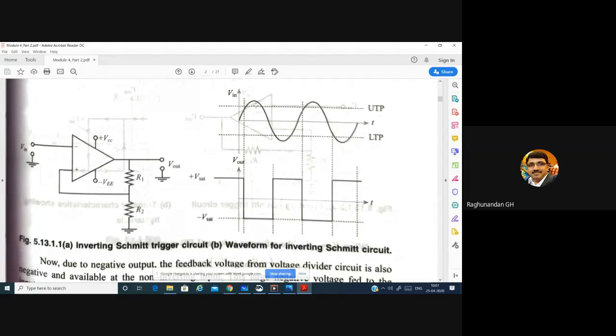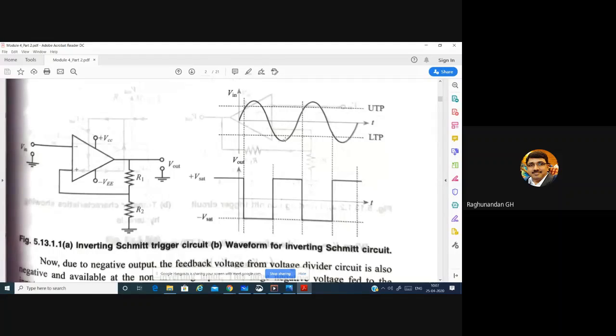But if you just take the example of the Clipper experiments you have done in your third sem, there you have seen that whenever the input is crossing the reference voltage, we were considering that part of the signal as the output.